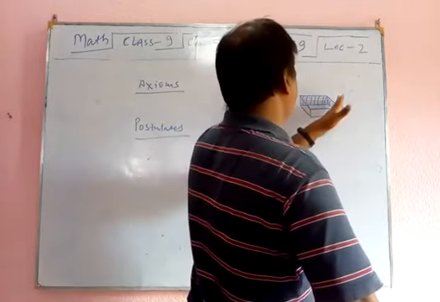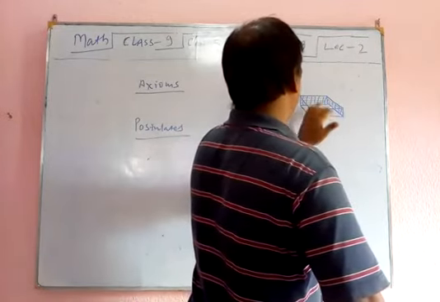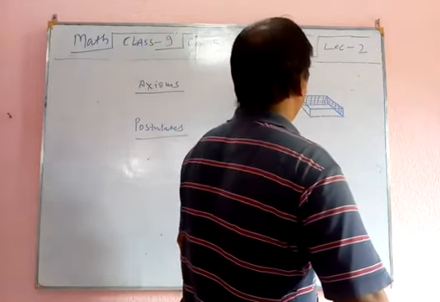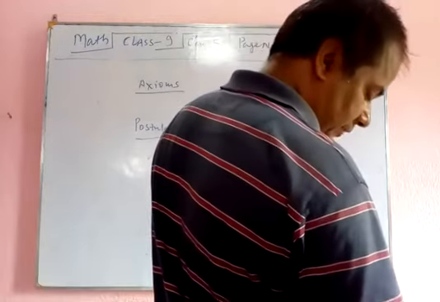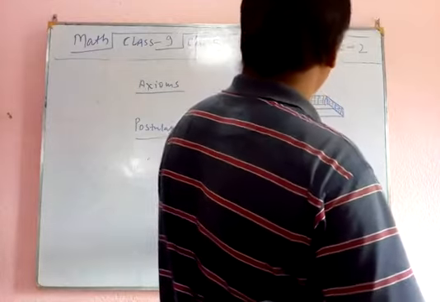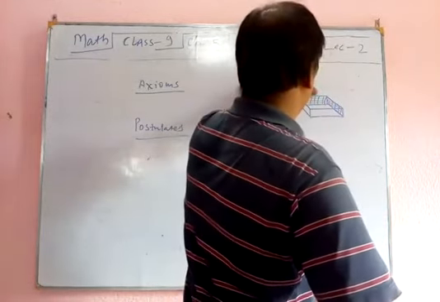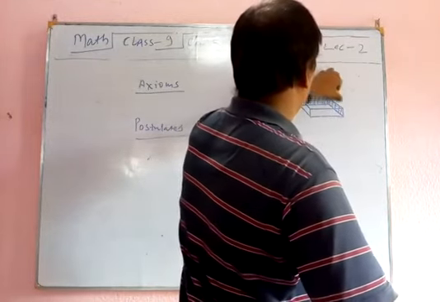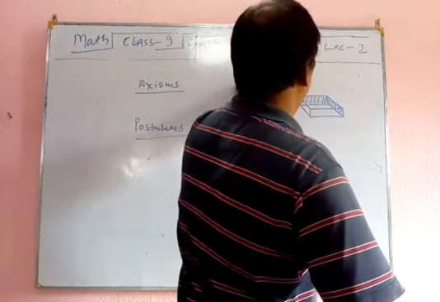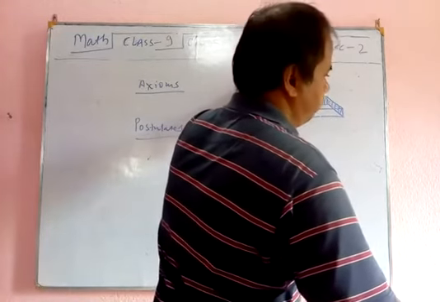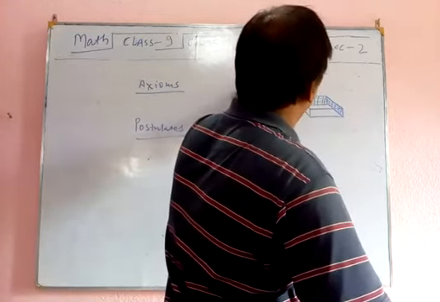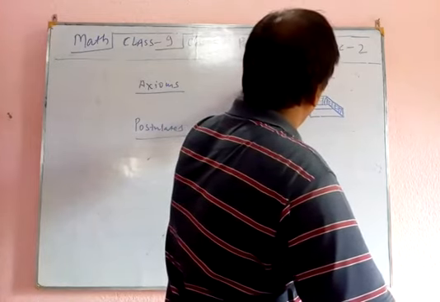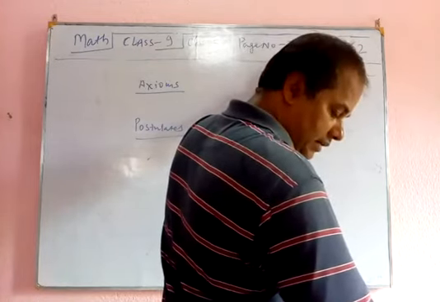One surface, 2, 3, 4, 5, 6. So 2 and 2, and there are 6 surfaces. And every surface has an edge, that is a line, that is side 1, 2, 3, 4, and likewise 4 lines, again 4 lines, 12 lines, and points.